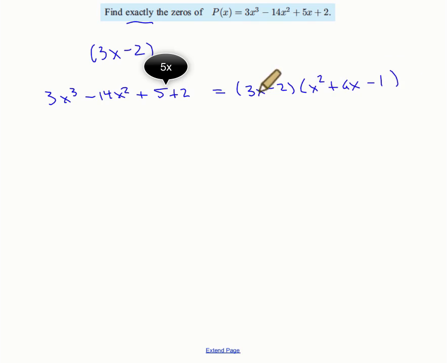I know it's x squared because 3x times x squared is 3x cubed. Not sure what the coefficient of the x is, so I listed it as a, and I know that a negative 1 times a negative 2 gives me the positive 2.